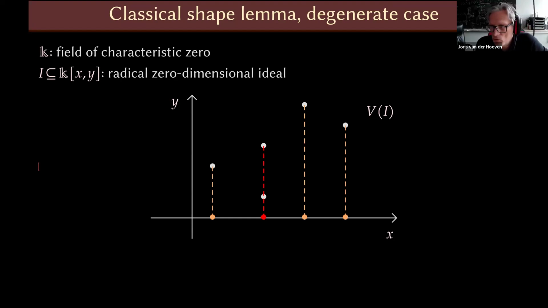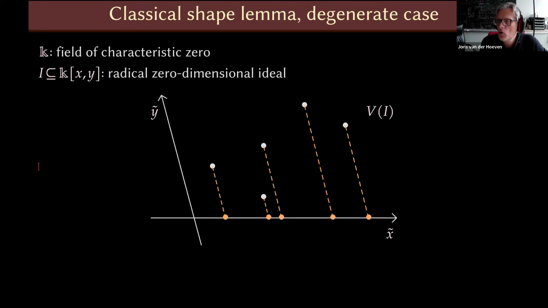So the form that we had on the previous page doesn't work anymore. But of course, what we can do is slightly twist our coordinates, like we see here, to make all the projections again different. So this is just a change of variables.